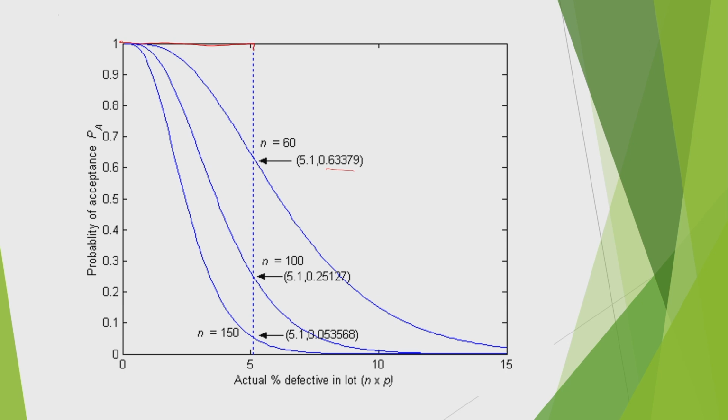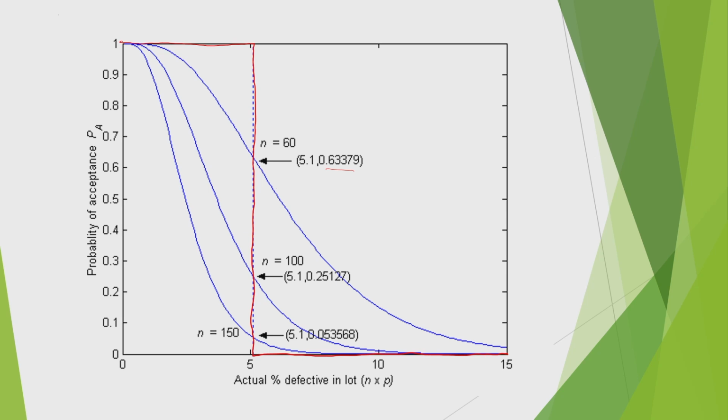You have this red line, you just see that this is rectangular type of thing, and it is going like that. What does it mean? It means that if defect is less than 5.1 percentage, then the lot should be accepted, so that probability should be 1 throughout, and then it will have a sharp demarcation. If it is more than 5.1, then it should be rejected.